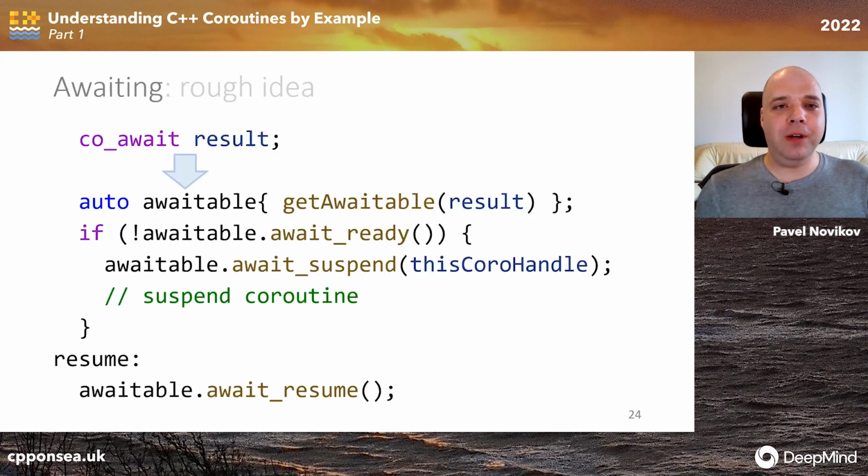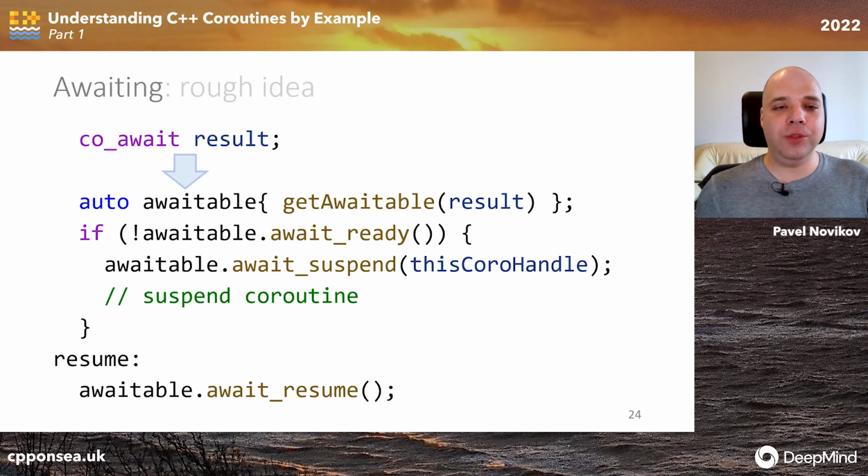It's time to uncover co_await magic a little bit. So the expression co_await at the top is transformed into a construction like this at the bottom. We have to somehow get an awaitable object from that expression, from the co_await expression. Then we check if that awaitable signals that the result is ready.